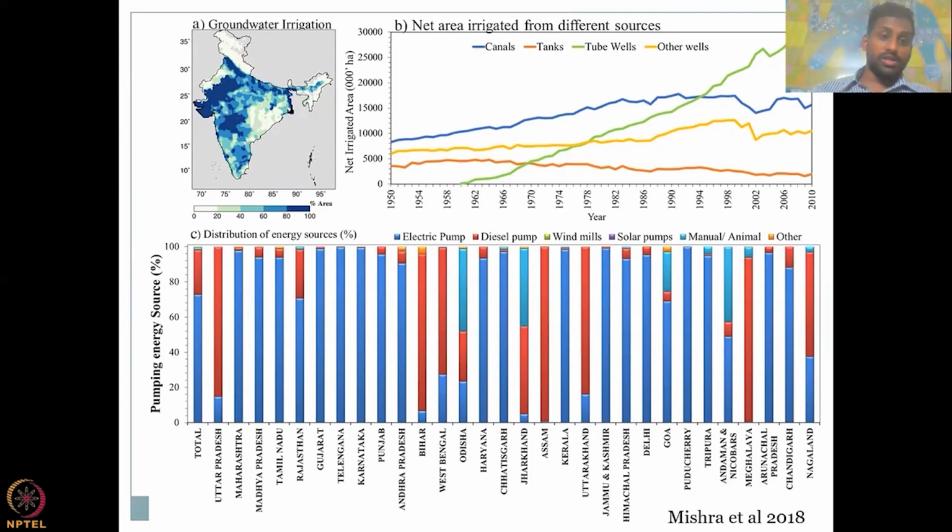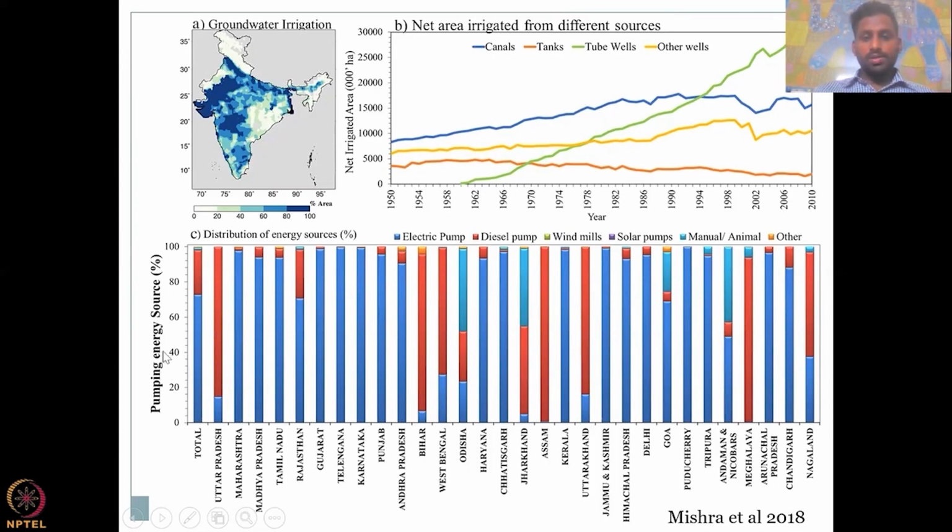The groundwater irrigation pattern has been shown in figure A, where you could see the percentage of area, and mostly your northwestern regions, Gujarat, Rajasthan, Haryana, and the central regions of Maharashtra all show tremendous area under groundwater irrigation. And that's where most of the wells are being introduced.